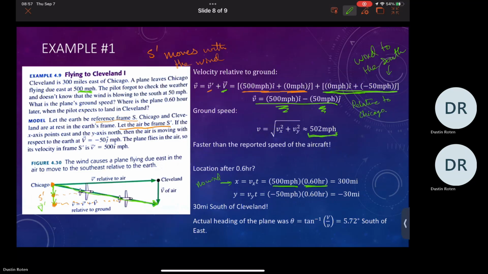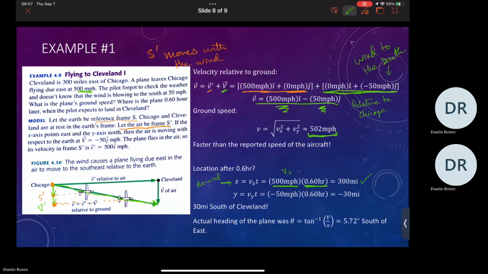The wind is only in the vertical, so there are no extra effects there. So we have this velocity Vx times the amount of time we're talking about, which is 0.6 hours. And it turns out that in the x direction, to the east, we're going to get the 300 miles that we needed to get to Cleveland from Chicago.